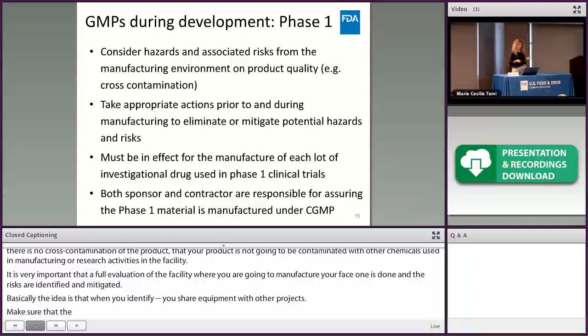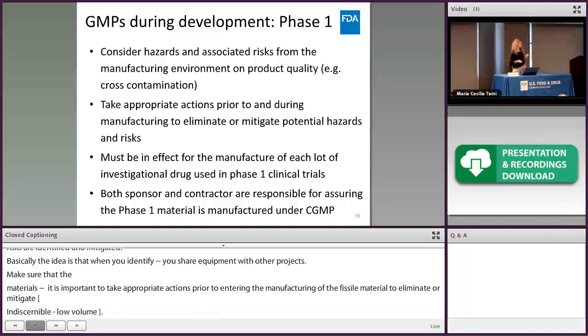And these actions must be in effect for the manufacture of each lot of the investigational drug used in the phase 1 clinical study. And I think this came up a little bit in the previous talk. Both the sponsor and the manufacturer are responsible for assuring that the phase 1 material is manufactured under GMPs.